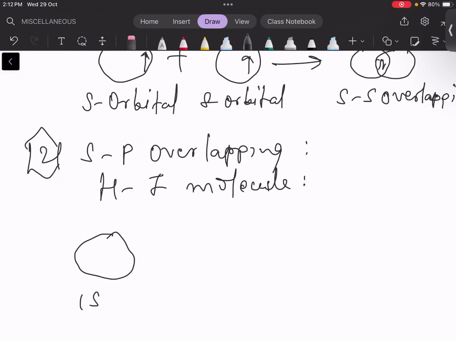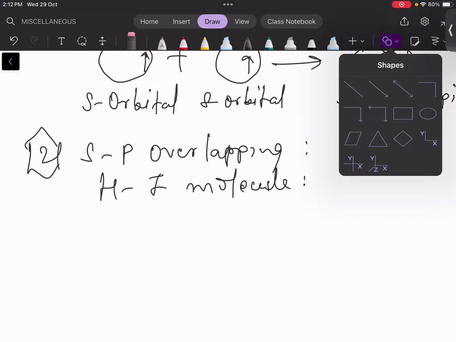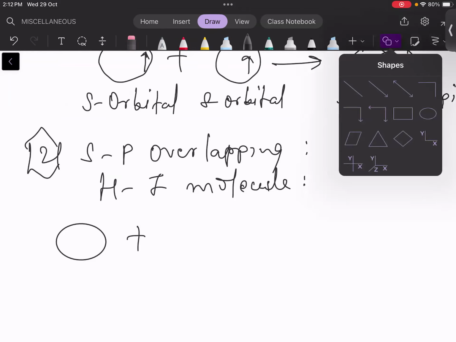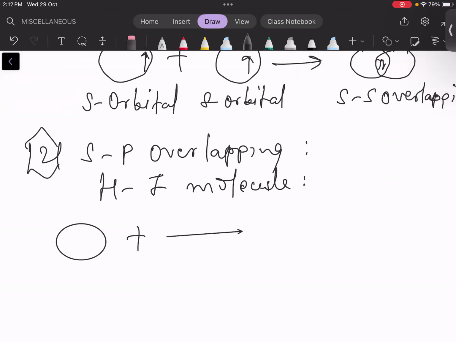So in sp overlapping, one s orbital of hydrogen combines with one p orbital of fluorine.